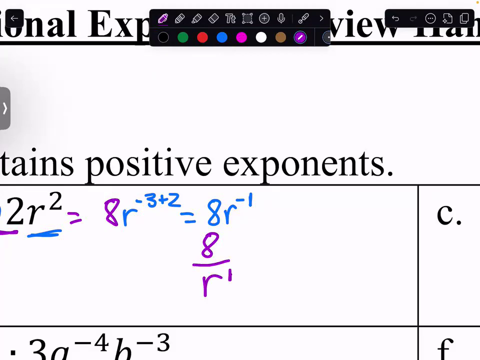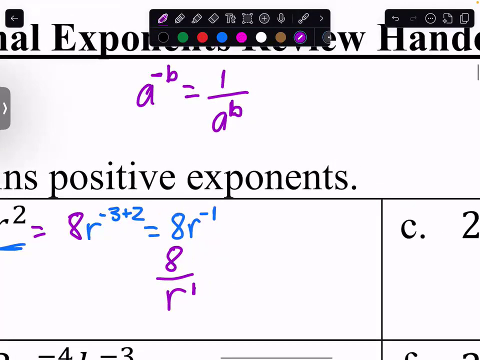All right, so in general, if you have a to the power of negative b, that would become 1 over a to the power of positive b. That's how you can get rid of a negative exponent by moving it to the other part of the fraction.